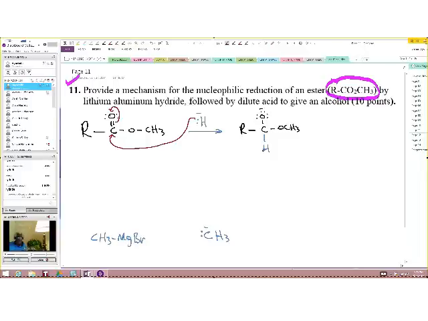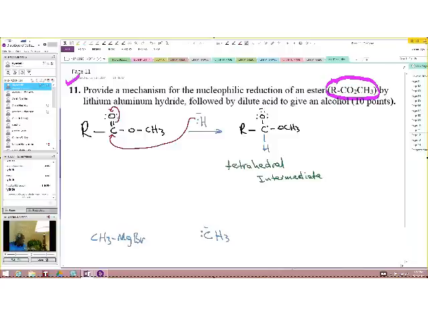Okay, so now what is going to happen? Now we form what we call a tetrahedral intermediate. Now, what is going to happen to this intermediate here? Anybody knows? Very unstable.